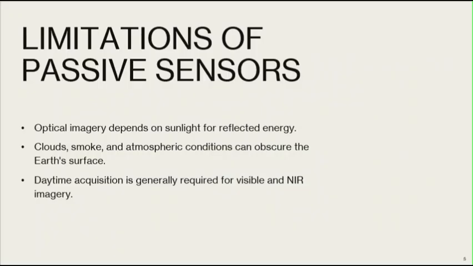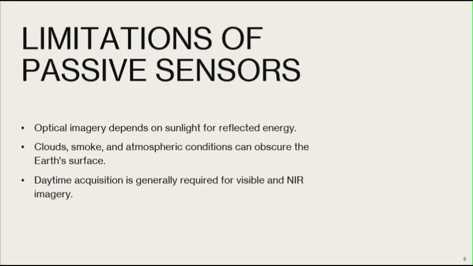Limitations of passive sensors include optical imagery depending on sunlight for reflected energy. But it's important to note that the visible and near infrared passive sensors do depend on sunlight, but the thermal infrared passive sensors detect energy naturally emitted by objects and therefore can operate both day and night.